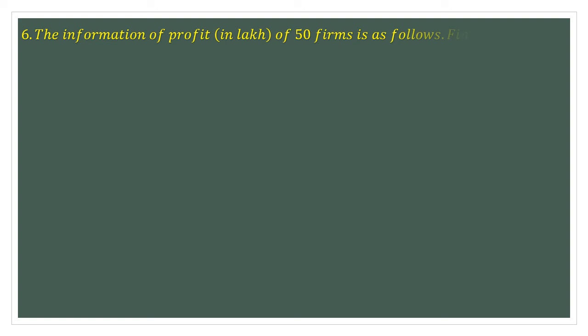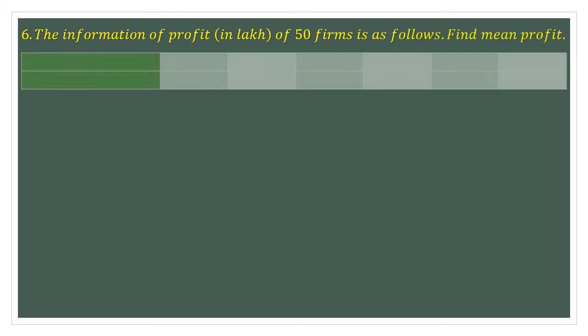Moving on to the sixth question, the information of profit in lakh rupees of 50 firms is as follows. We have to find the mean profit. The data is given as profit in lakh rupees and number of firms, that is the frequency.